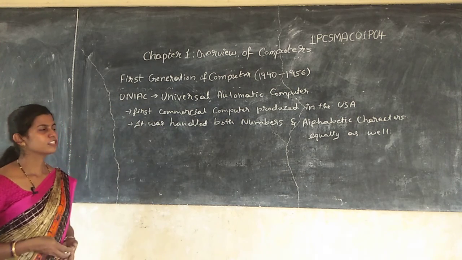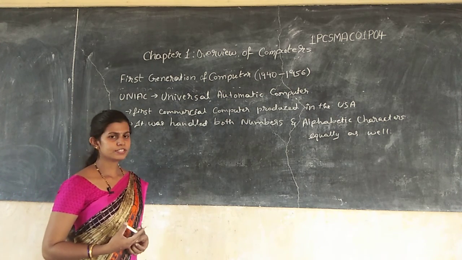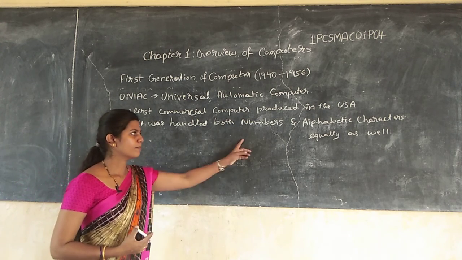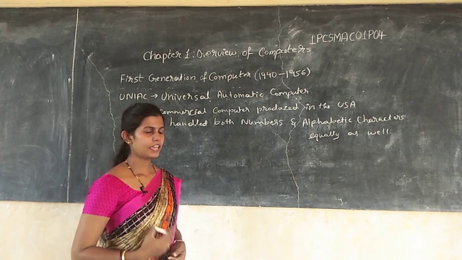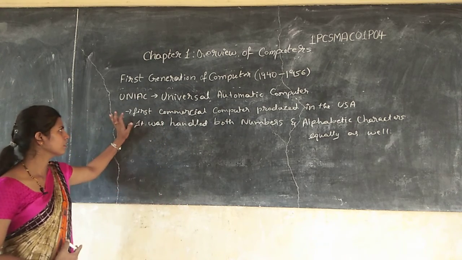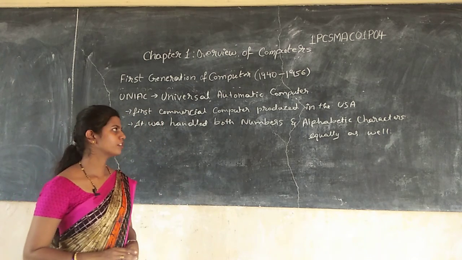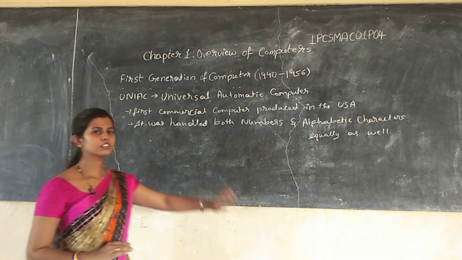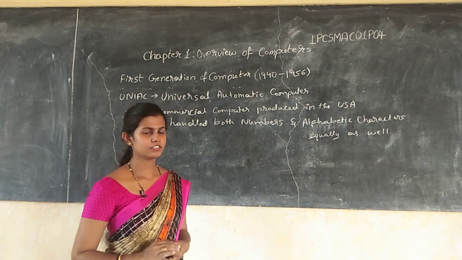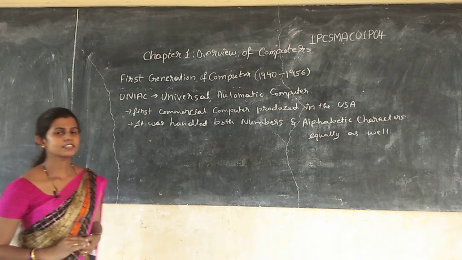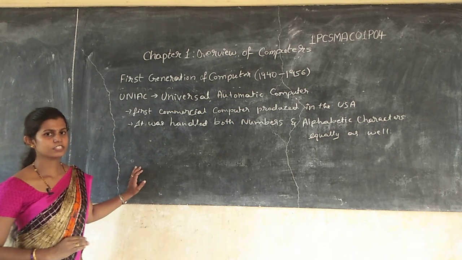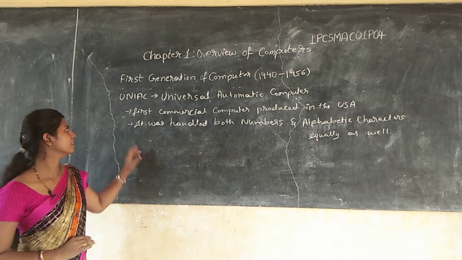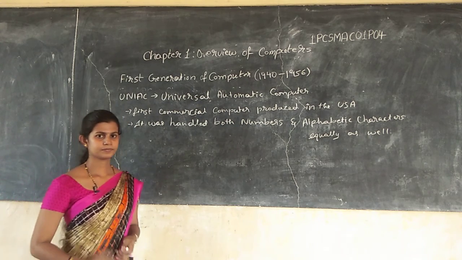UNIVAC was the first commercial computer produced in USA, and it handled both the numbers and alphabetic characters equally well. So, this is about the computers of first generation. First one is ENIAC, next one is EDVAC, and last one is UNIVAC.